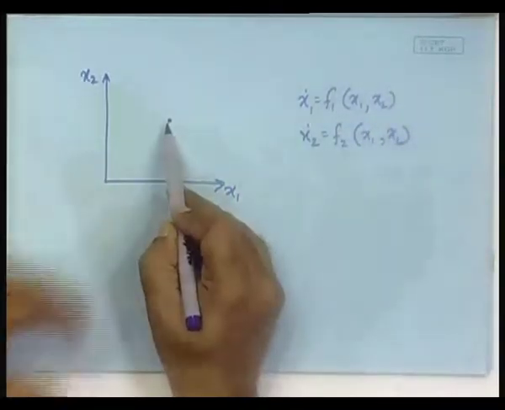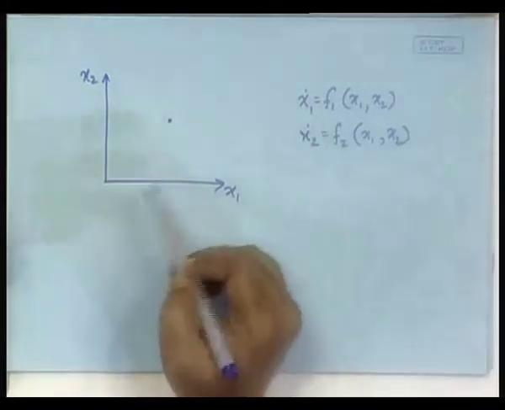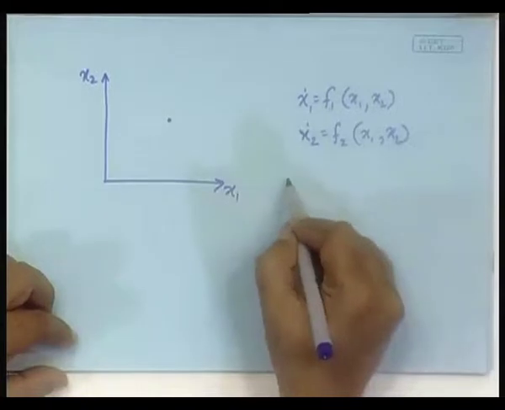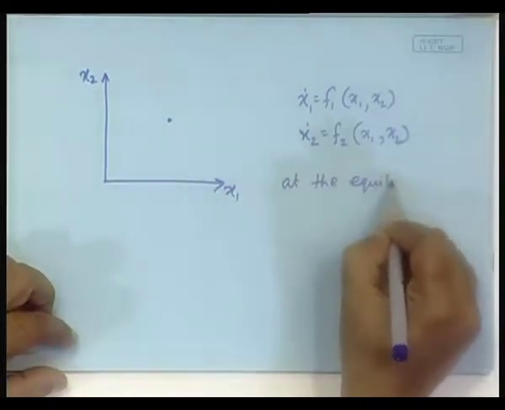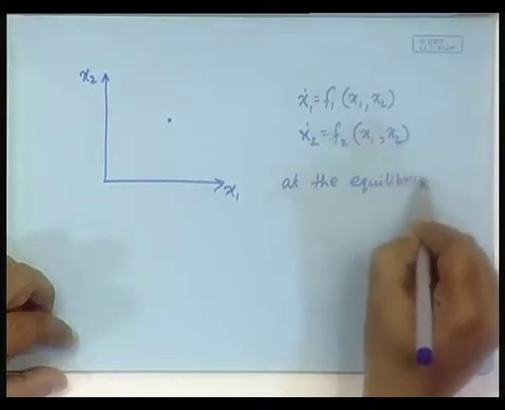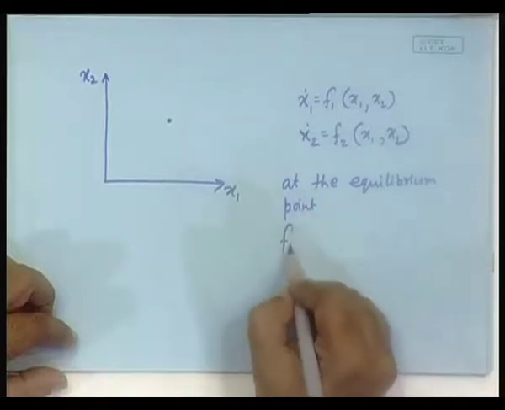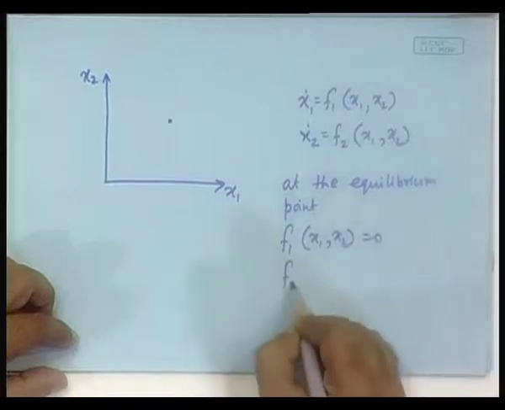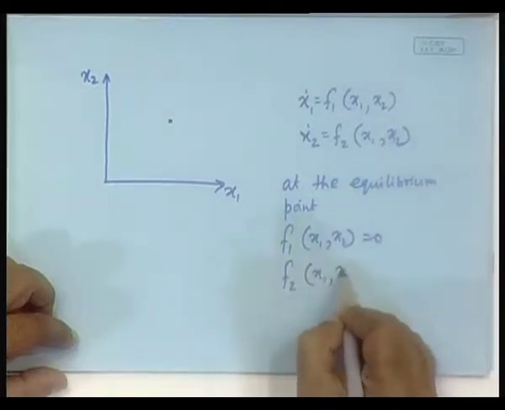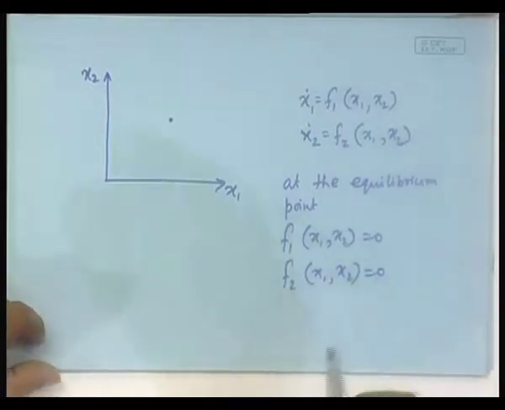It means that it does not move, means x1 dot is 0, x2 dot is 0, which means at the equilibrium point f1(x1, x2) is equal to 0 and f2(x1, x2) is equal to 0, right. So, that is the property of the equilibrium point.